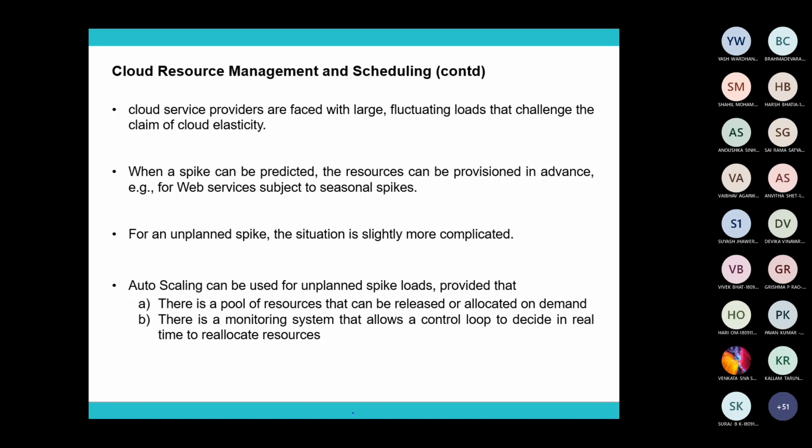But the problem is that the load on a particular application cannot always be predicted. In some scenarios it may be predicted, and in some it cannot. When the spike can be predicted, the resource can be provisioned in advance, for example for a web service subject to seasonal spikes.